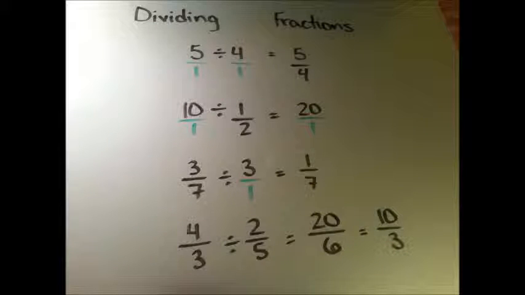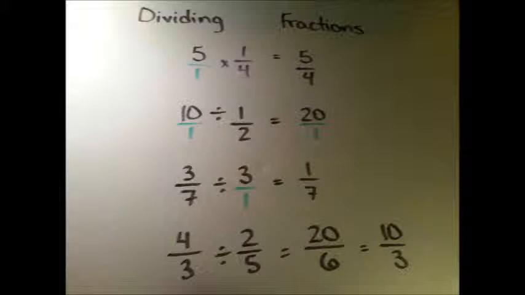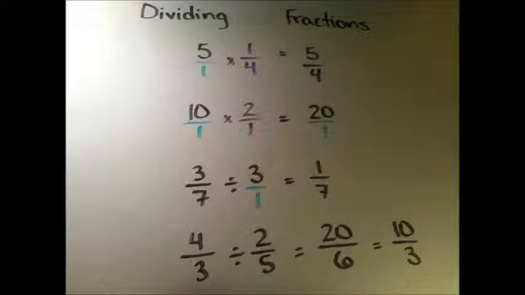When we're dividing fractions, we reciprocate that second fraction, what we're dividing by. So instead of 5 divided by 4, the reciprocal will be 1/4. 5 multiplied by 1/4 is 5/4. Instead of 10 divided by 1/2, we think of 10 multiplied by 2.